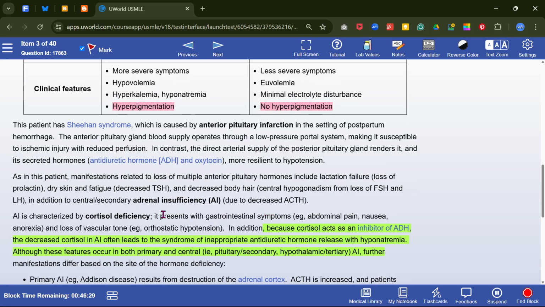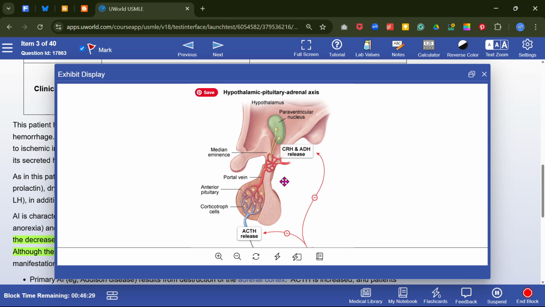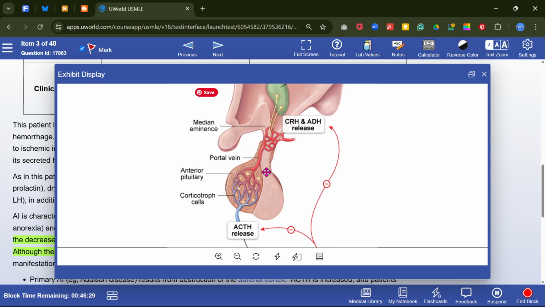The most important thing is that adrenal insufficiency is characterized by cortisol deficiency. It presents with GI symptoms and loss of vascular tone like orthostatic hypotension. In addition, look at this picture: cortisol acts as an inhibitor of corticotropin releasing hormone and ADH release.